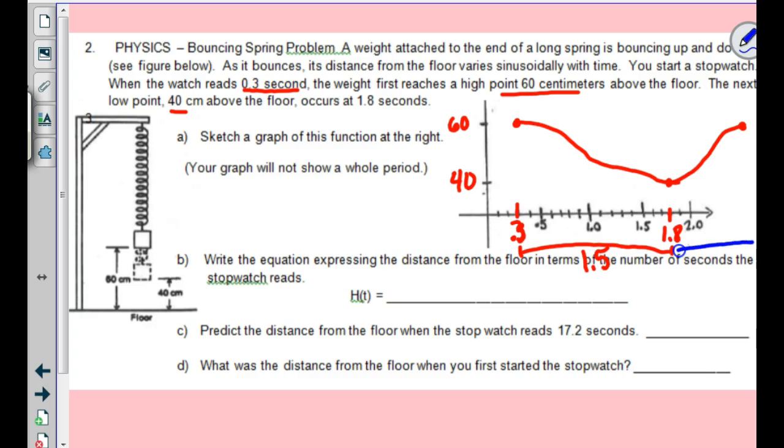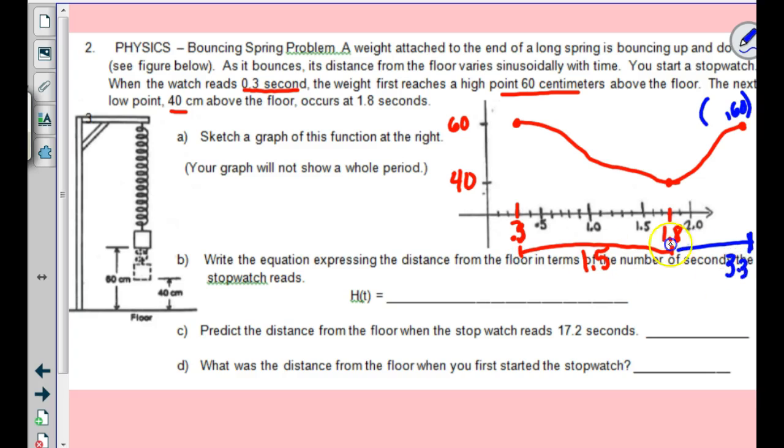So if we added another 1.5, where does this occur? If the whole period is 3, it's hitting a max of 60 at the end of a period. But what is the time at the end? This is a distance of 3 from beginning to end, so it would be at 3.3, right?